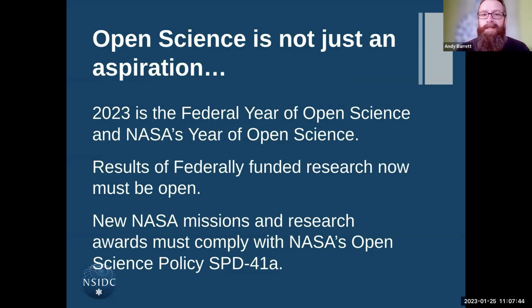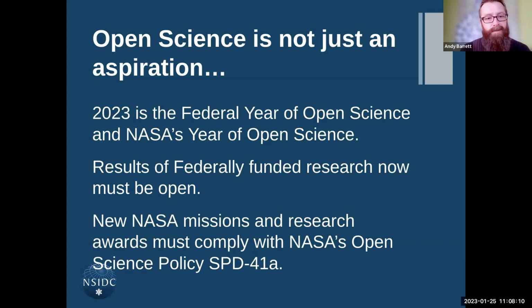But open science is not just an aspiration, right? 2023, you've probably heard, is the federal year of open science. It's also NASA's year of open science. Walt's going to be talking about some of the things that are going on there. But the White House Office of Science and Technology Policy released a memo mandating that results of federally funded research now must be open.